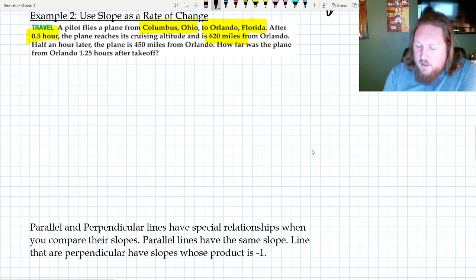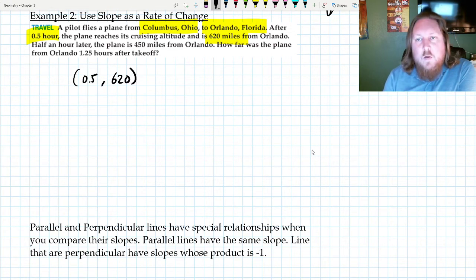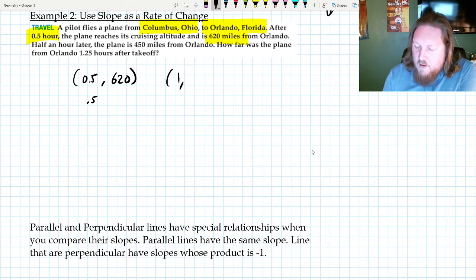So to me, 0.5 and 620 miles, that sounds like a coordinate. The time and the distance. And a half an hour later, which would be another 0.5 later, right? So it would be 0.5 plus 0.5, so another at 1 hour in the air. The plane is 450 miles from Orlando.